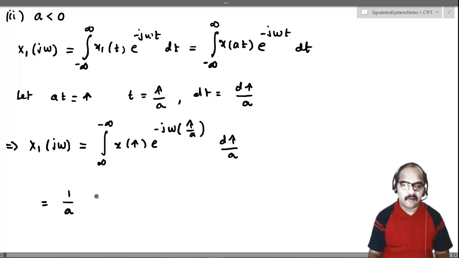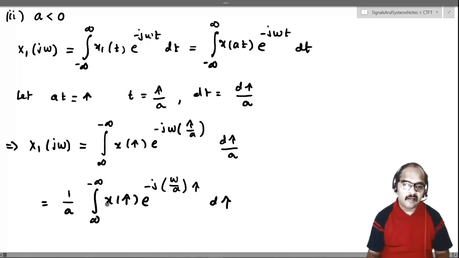This is 1 by a integral infinity to minus infinity x of tau e power minus j omega by a tau d tau.